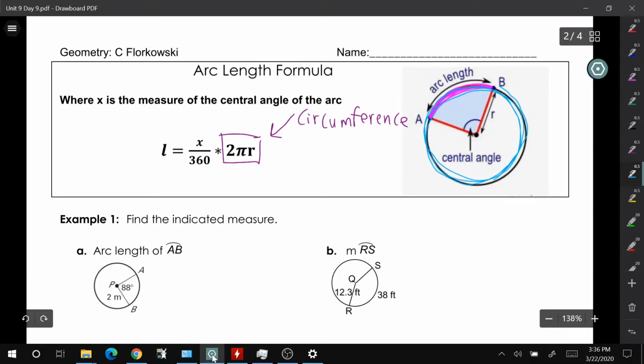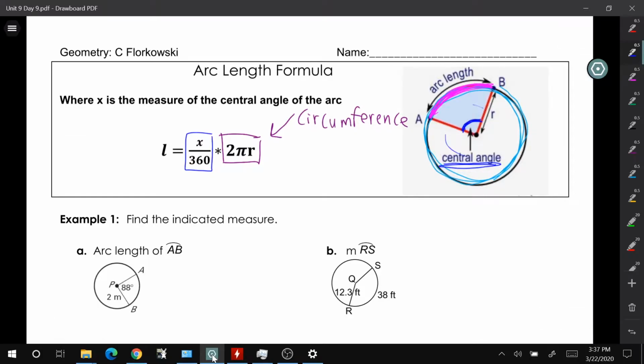I just want this part here, this fraction of it. And since the whole circle is 360 degrees, what I'm going to do is take my central angle, this angle right here, and divide it by the whole circle, which is 360 degrees. And that's where this part comes from.